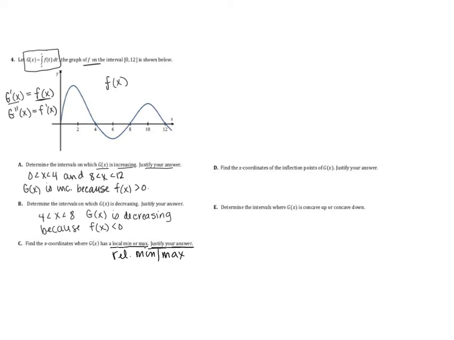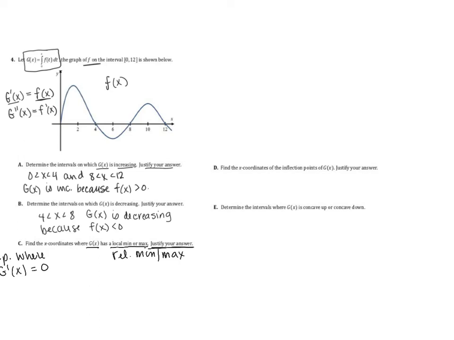And so to get a relative min or max, the very first thing you would have to know is a critical point. And keep in mind that a critical point is going to be where g prime of x equals 0.